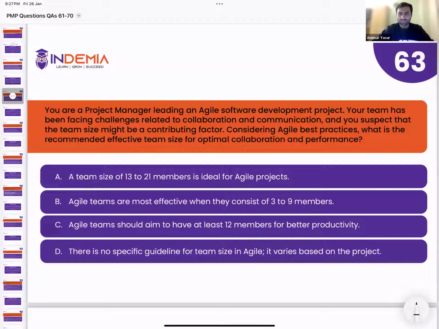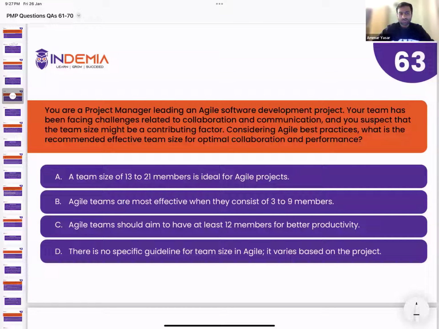All right. Amanda? You're not audible. Okay. So if you read the book, it is clearly mentioned, as Sao mentioned, that the size of the agile team should be smaller.